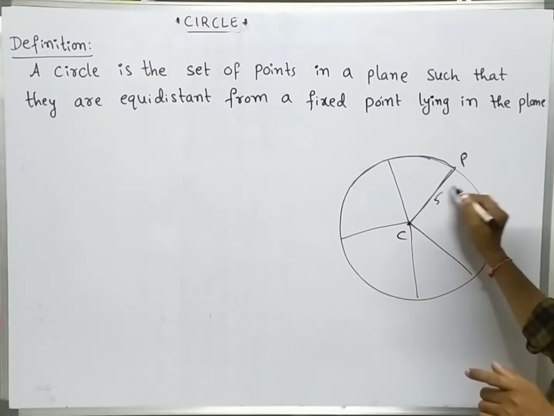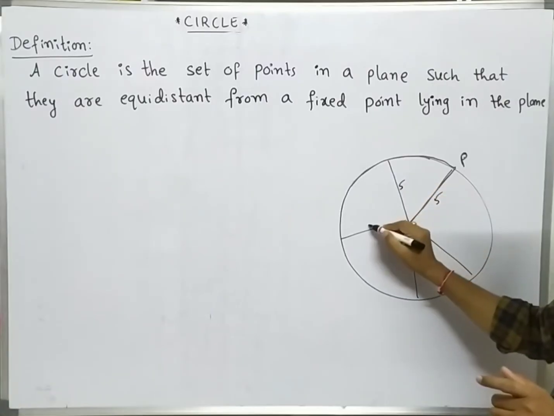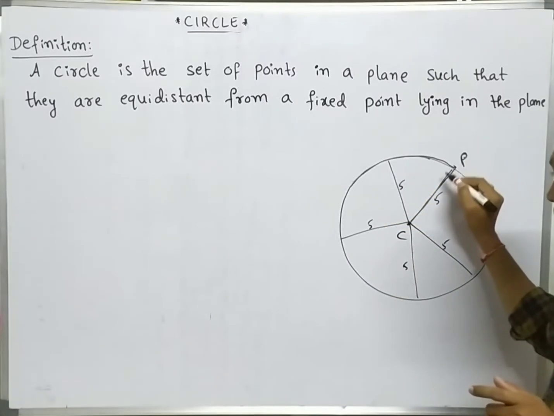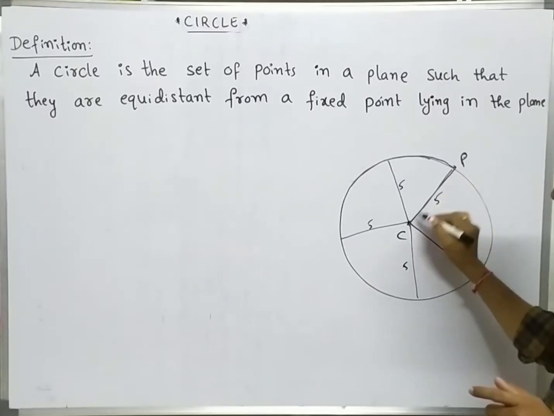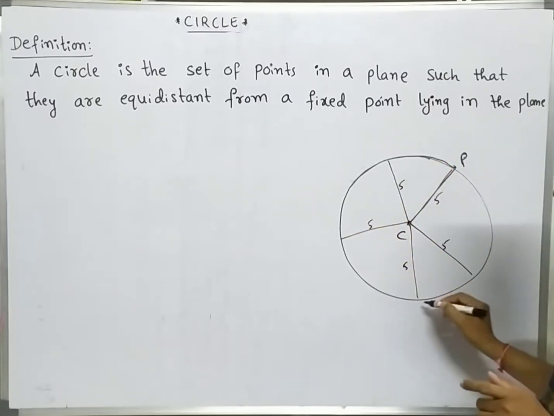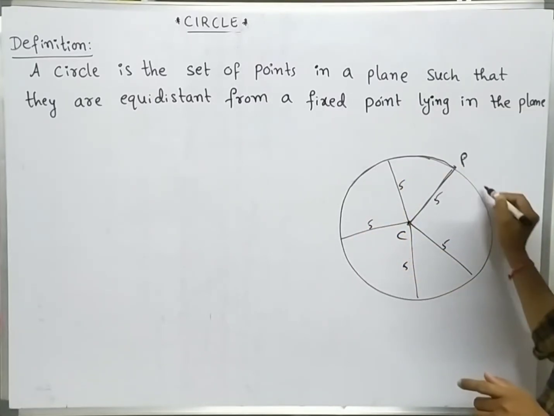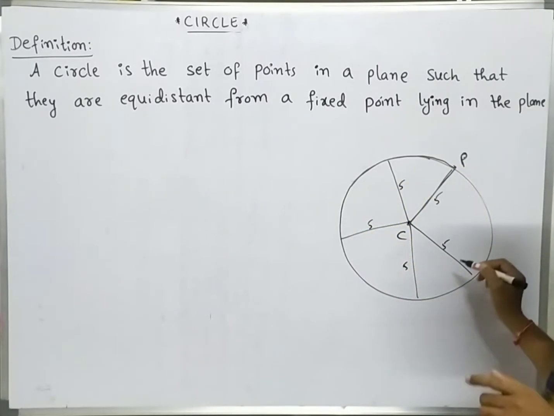Let us suppose this distance is 5 units. So the point P is moving at a distance of 5 units from a fixed point. The set of all these points, if we add all these points, we will get a circle.